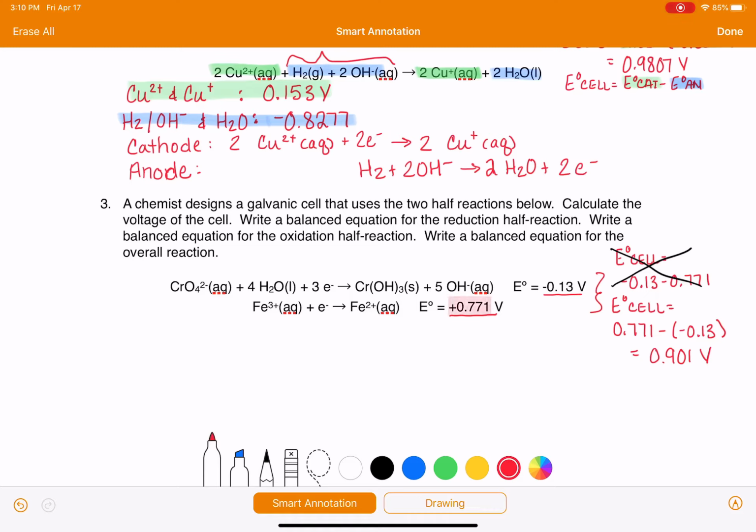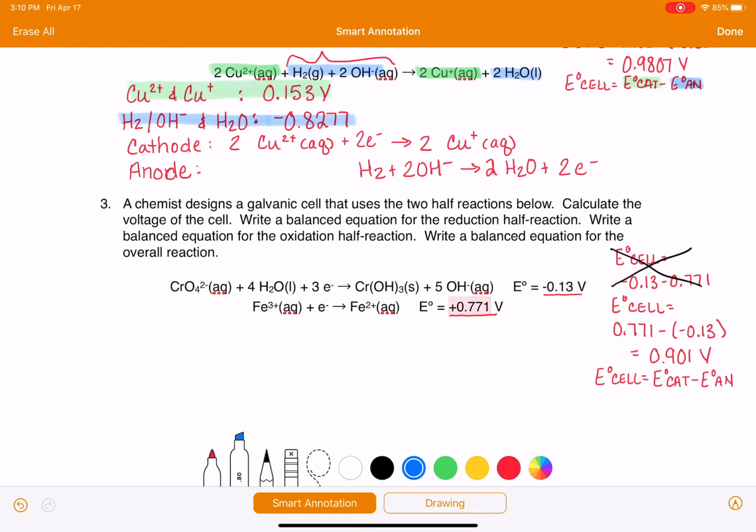So that's the first part of the question. Then it wants to know the oxidation and the reduction half reactions. We're going to figure out which is which from our correct E cell calculation. So we know E cell is cathode minus anode.